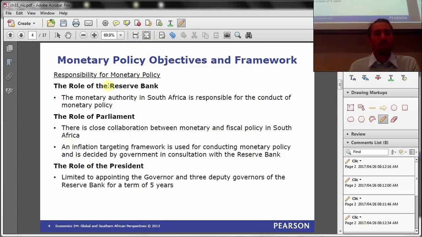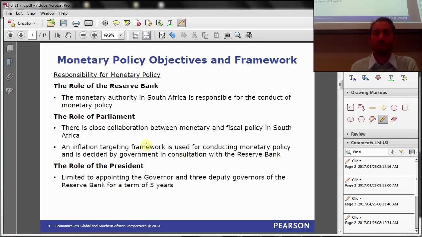What is the role of the Reserve Bank? The monetary authority in South Africa is responsible for the conduct of monetary policy. What is the role of Parliament? There's a close collaboration between monetary and fiscal policy in South Africa, and an inflation targeting framework is used for conducting monetary policy. That framework is decided by government in consultation with the Reserve Bank.